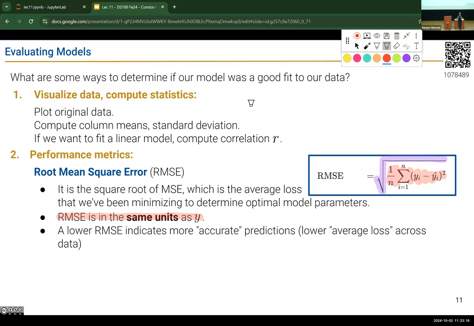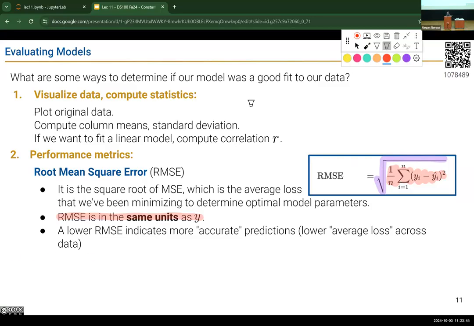If I tell you the error in, for example, meter square, it's hard for you to make sense of what that meter square is and how to compare different models, as opposed to me going back to the meter unit and telling you that the error on average is 2 meters. Are you fine with it or not? And then you would decide whether the model is accurate enough or not. It's a way of comparing different models and evaluating the performance of the model once we're done with the modeling piece.